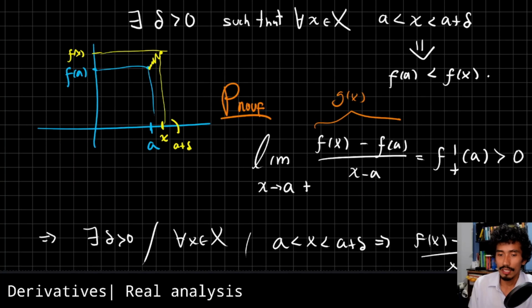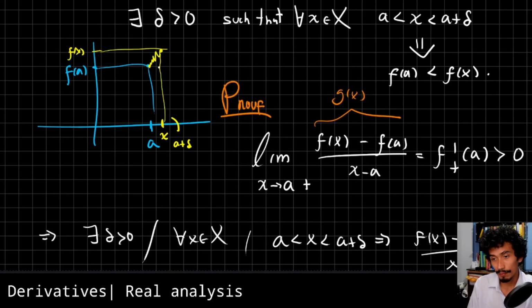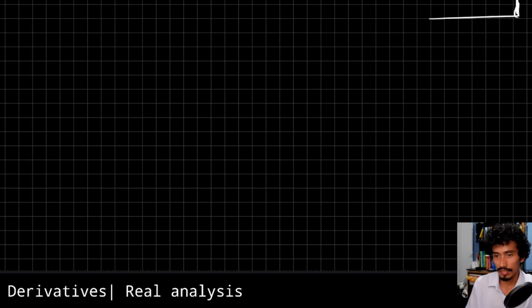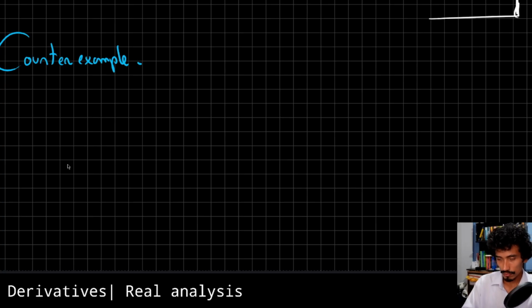All right. So now we will give a counterexample to show that it doesn't mean that the function is monotonous increasing in any neighborhood to the right of a. So let's check a counterexample here.